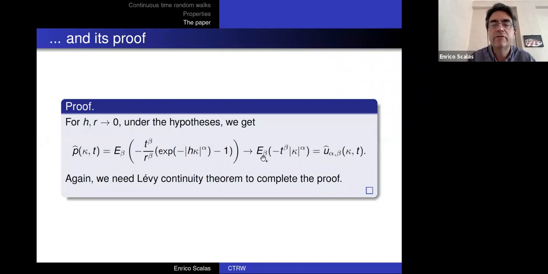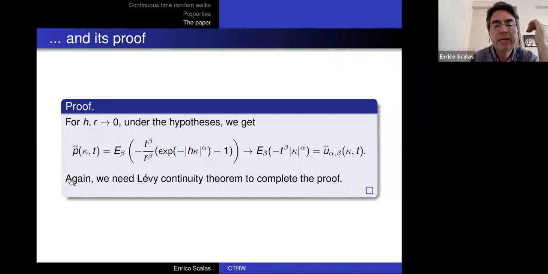the Mittag-Leffler function of 1 parameter beta computed in the point minus t to the beta absolute value of k to the alpha. And this is really the characteristic function, as we will see now, of the fractional diffusion equation. So this is a way of solving the fractional diffusion equation, the initial value condition with initial value delta, so starting from 0.